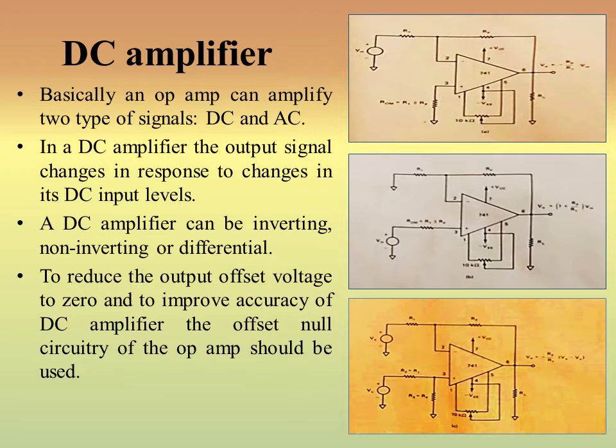Now what will be the output of such an amplifier? We have discussed the output in detail and we'll just remember it. The output for an inverting amplifier is given by V naught equals minus RF upon R1 into V input, and in non-inverting it is 1 plus RF upon R1 into V input, and for a subtractor circuit it is minus RF upon R1 into (V1 minus V2).